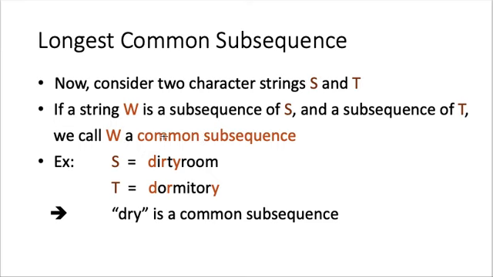As an example, S, let's say, is dirty room, and then T is dormitory. Then in that case, we will see that DRY is a subsequence of S, and DRY is also a subsequence of T. So that means that DRY is a common subsequence of these two strings.